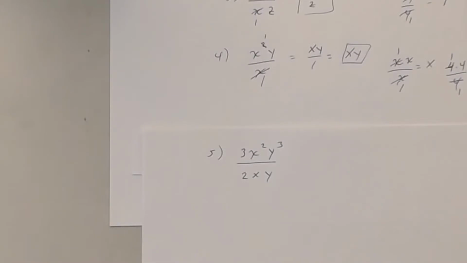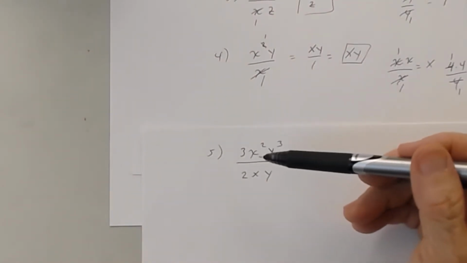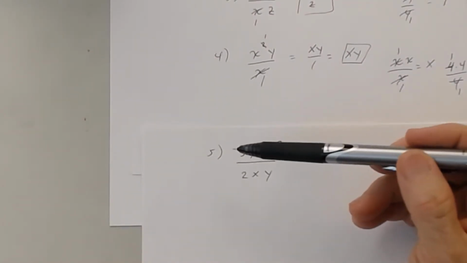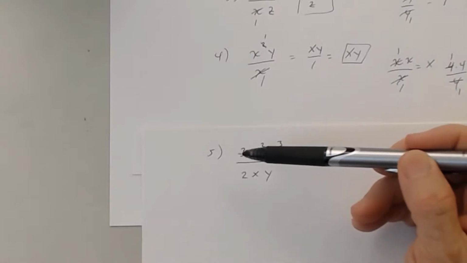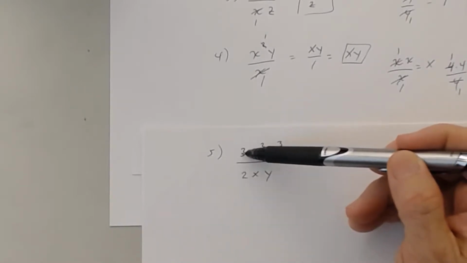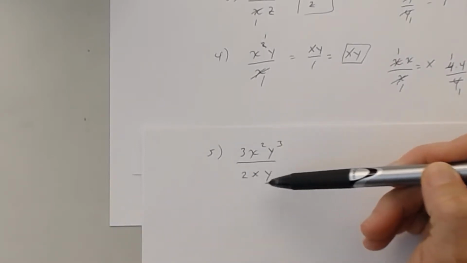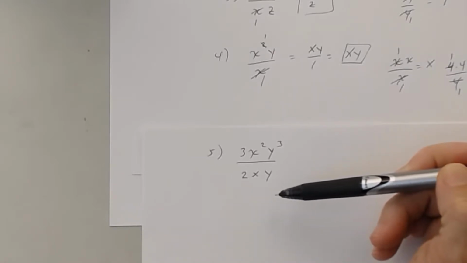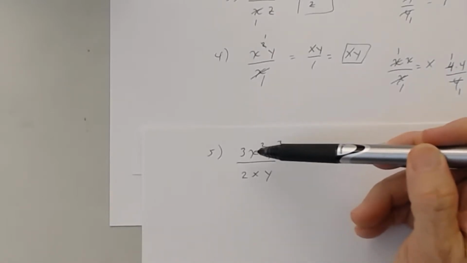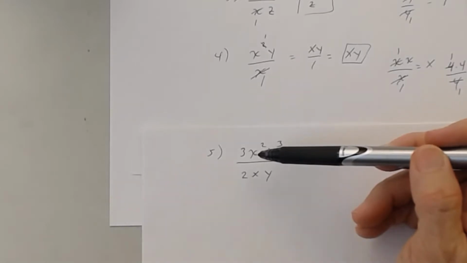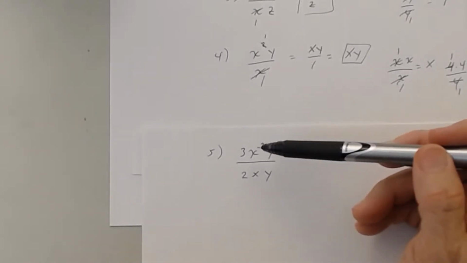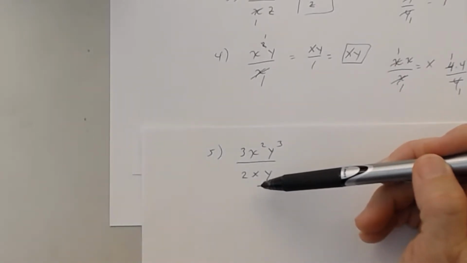So if I go back to the numerator and listen to the words, what's the first factor that I see in the numerator? A 3. Will that 3 reduce with any factors in the denominator? No. What's the next factor I see? X, and it occurs how many times? Twice.